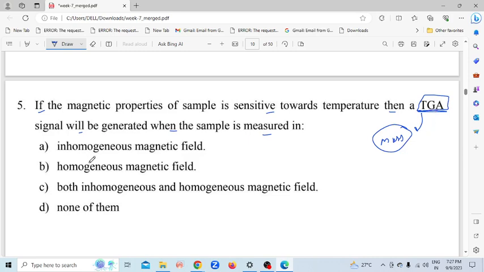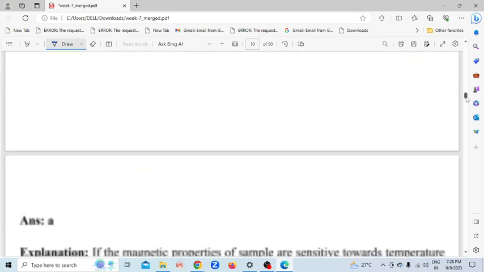If the sample is in an inhomogeneous magnetic field, then obviously it will generate a TGA signal. So this is the only answer. I think answer A will be correct.